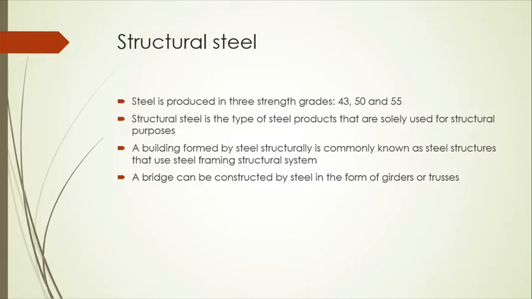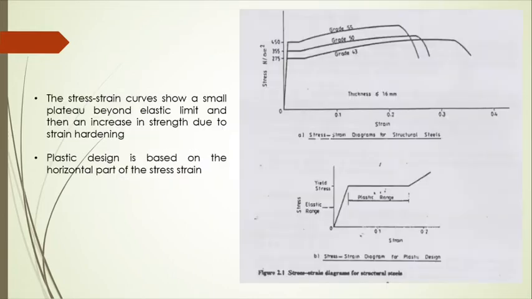A bridge can be constructed by steel in the form of girders or trusses. Now, this is commonly seen in Malaysia, especially in old bridges that convey trains, especially in Baling. I've seen one in Baling, so you might have seen one before in your hometown.